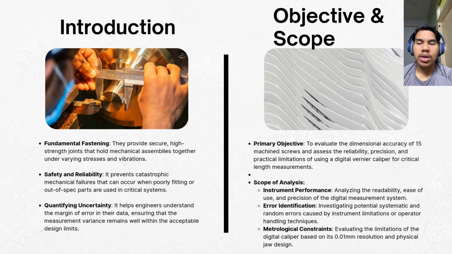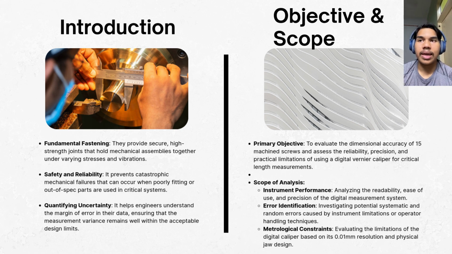And moving on, we go to quantifying uncertainty. What that means, basically, is that whenever we buy screws, also nuts and bolts, they are not usually perfectly the size that they have stated. For example, if I buy an M10 bolt, it is not usually M10.